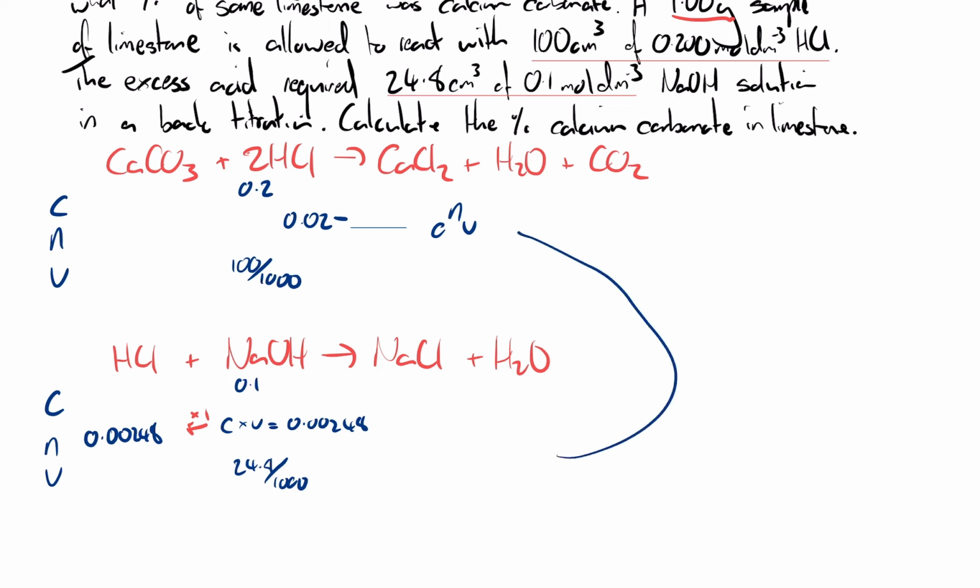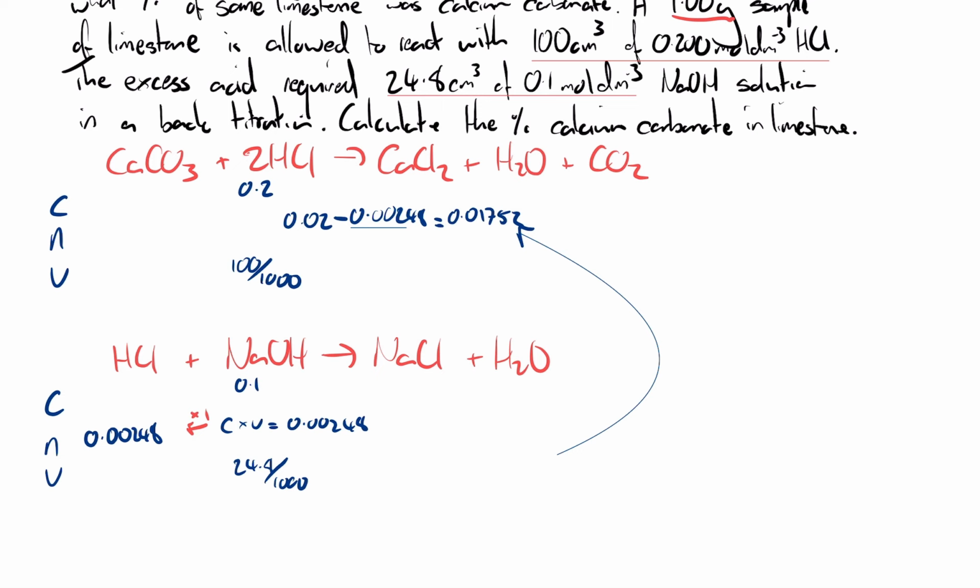So we need to work out what we have reacted here: 0.02 minus 0.00248, and the value we get to is 0.01752. Now we look at our molar ratio here.